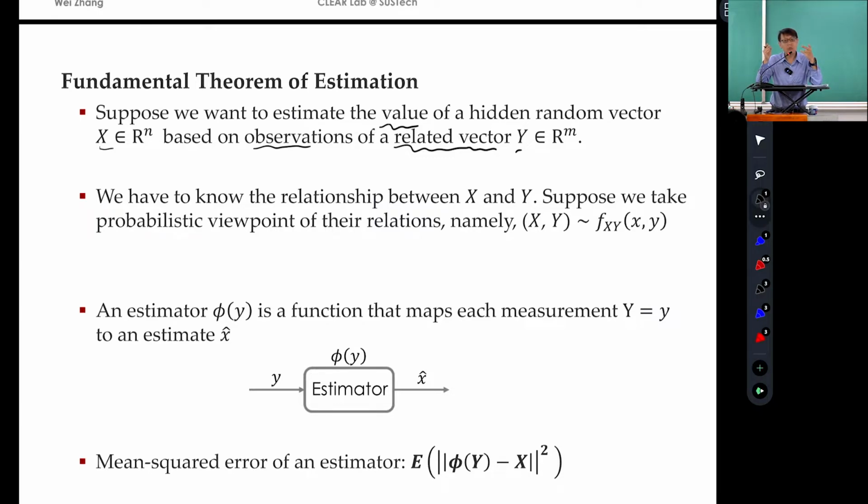You want to use your measurement y, which is all the pixels of all those images, to best estimate the value of x. Did I repeat the same order or not? I forgot. Anyway, that makes sense?